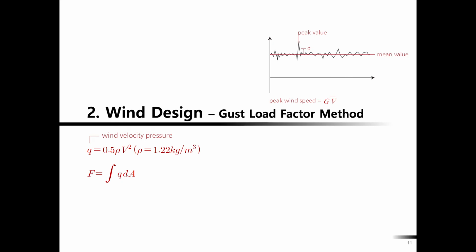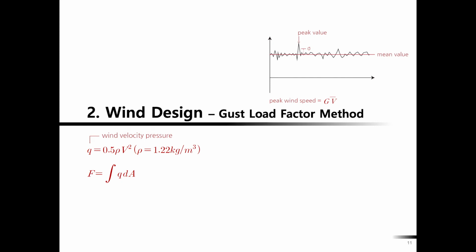So this kind of approach is applied in the design code. But then this is not all. You have another factor, which is the resonant effect. Not only the peak value, there's also amplification by that dynamic input.